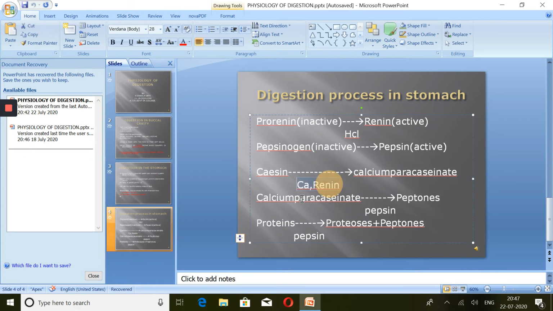This renin, in the presence of calcium ions, converts casein into calcium paracaseinate. This calcium paracaseinate is converted into peptone in the presence of the enzyme pepsin. So renin first converts the milk protein into calcium paracaseinate, and then pepsin converts the calcium paracaseinate into peptone.